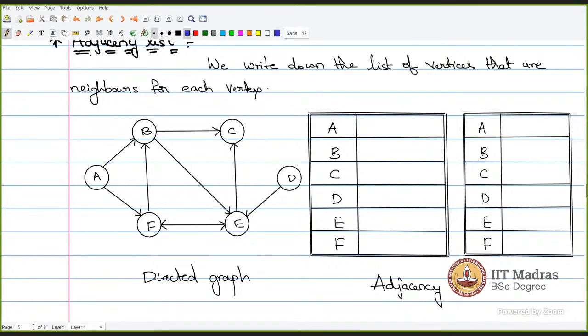Now let us compute the adjacency list with respect to inward edges, that means incoming edges. I just write down the set of vertices that send an inward edge towards A. From A, nothing.